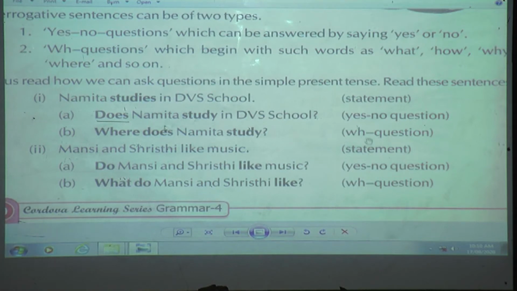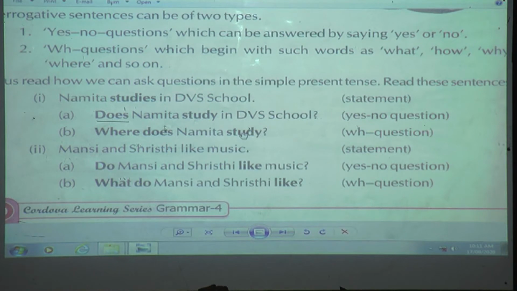Next, in WH question, what are we going to do? In WH questions first we are going to see which word is suitable for that question. So here we can see, where does Namita study? That WH word will come first, and afterwards we are going to use does or do, whatever is there. Understood? Again I will say, first the WH word, then does, the subject and the original form of verb.